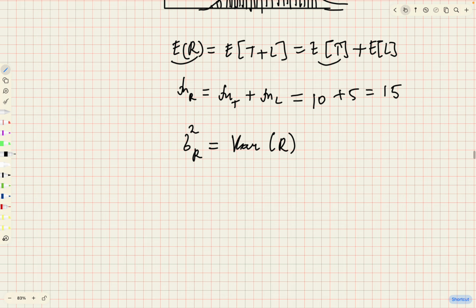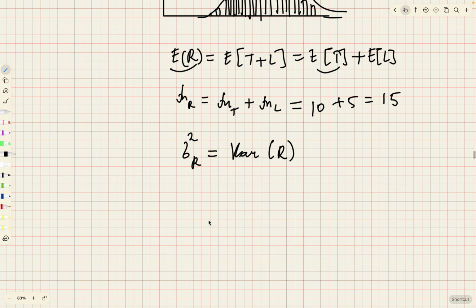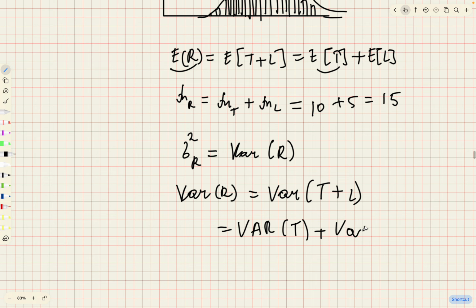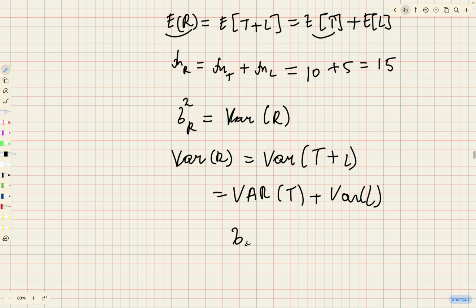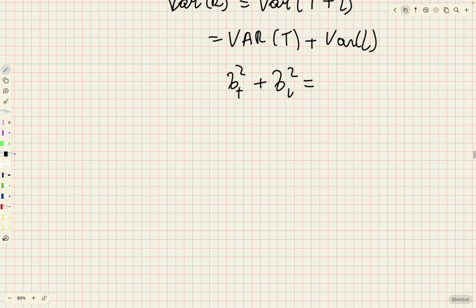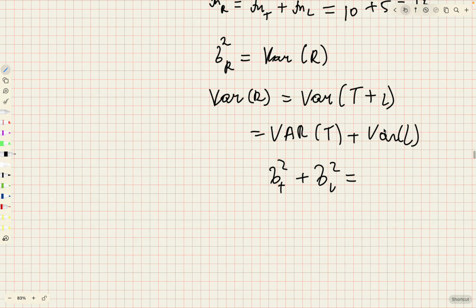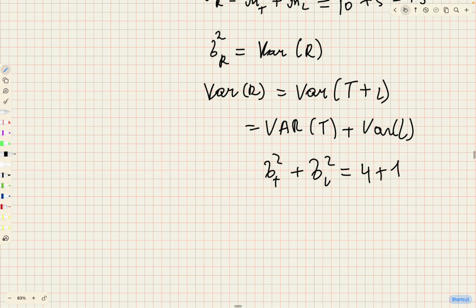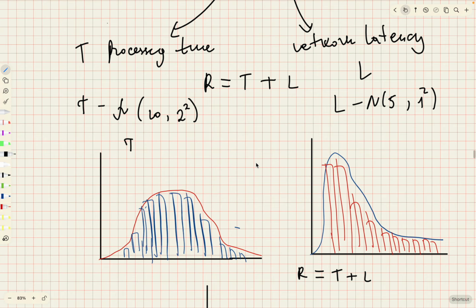Again, the variance of R is the variance of T plus L, and it's the same as the variance of T plus the variance of L, which is basically 4 plus 1. Sorry, I said 2 plus 1 at first, but this whole thing is not the standard deviation, it's actually the variance.